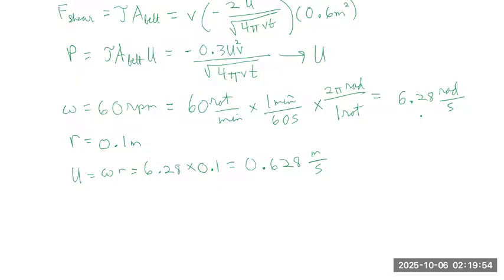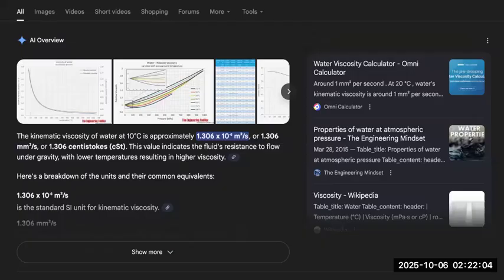We now have to find the viscosity of water. The kinematic viscosity of water at 10 degrees Celsius is approximately 1.306 times 10 to the negative 6 meters squared per second.